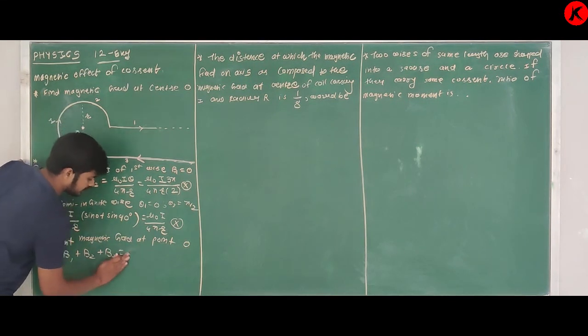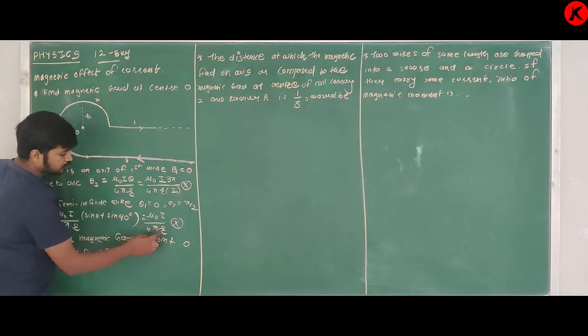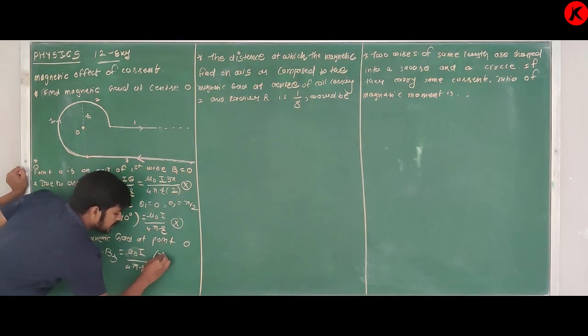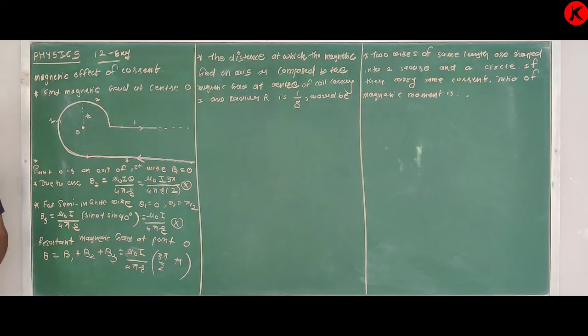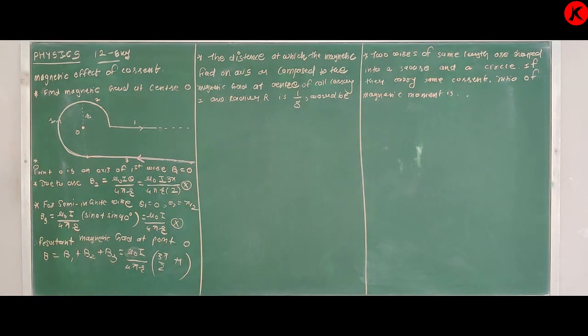We can write directly, taking mu 0 I upon 4 pi r common: here it is 3 pi by 2 and here it is 1. So this is your answer. Clear? If you remember the equations, you can solve such questions very easily.